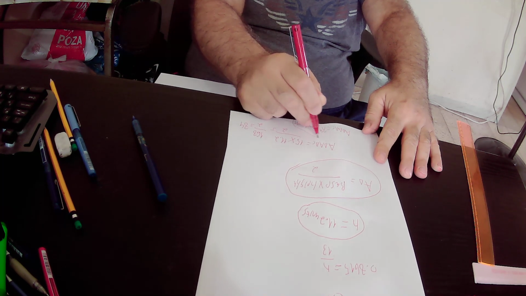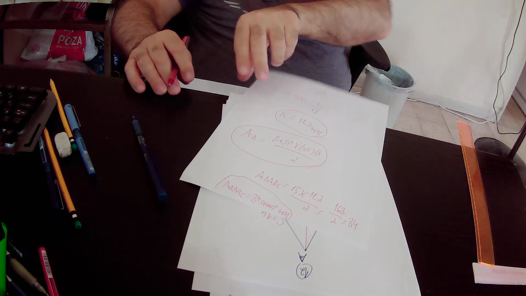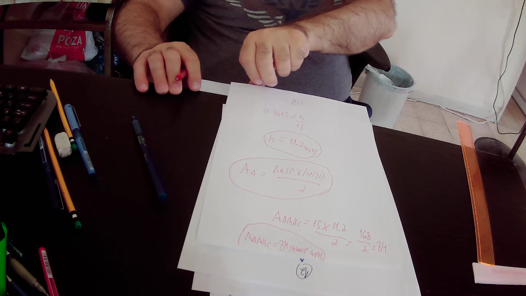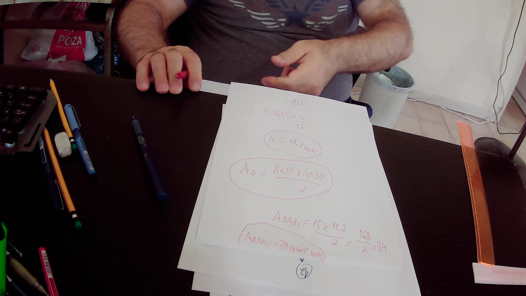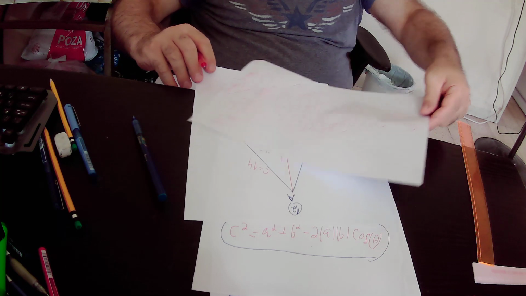Okay. Again, we found out that the area of triangle ABC according to the second method equals 84 square units. Okay.